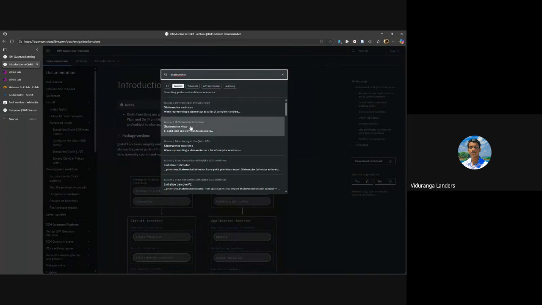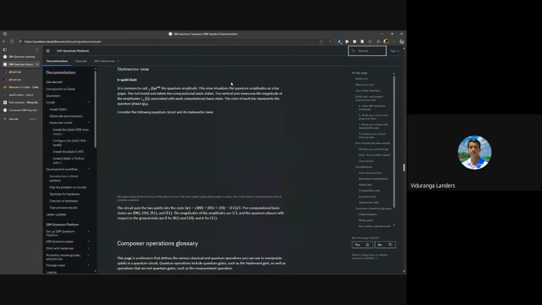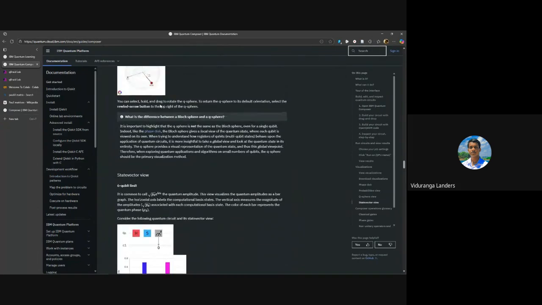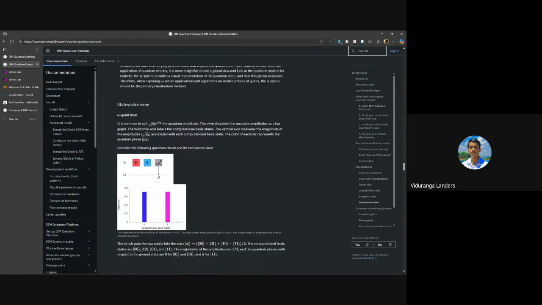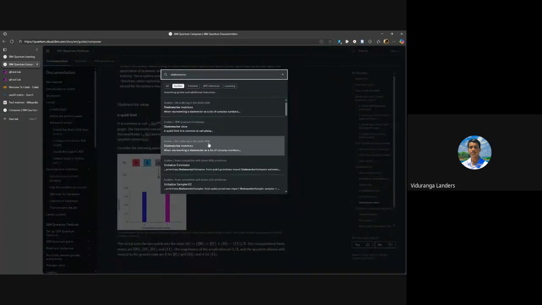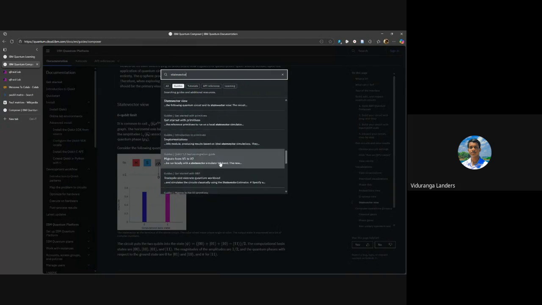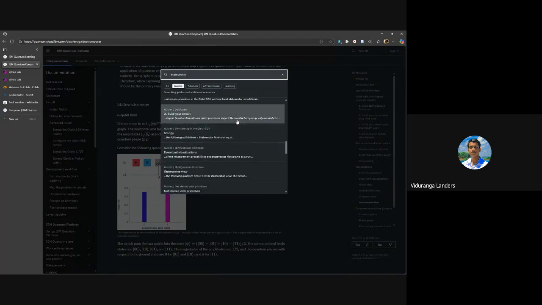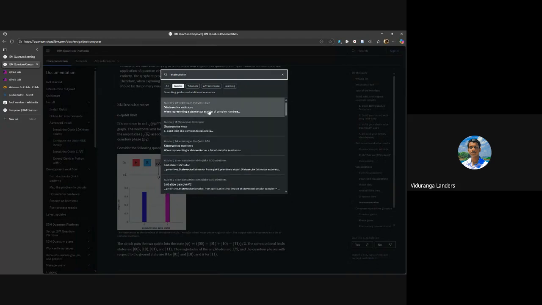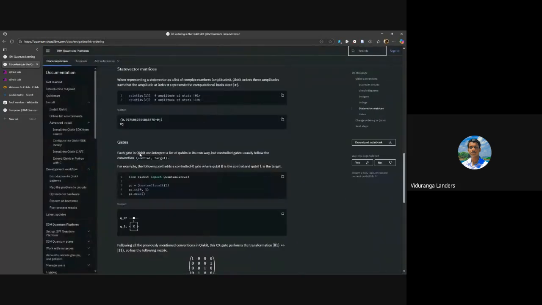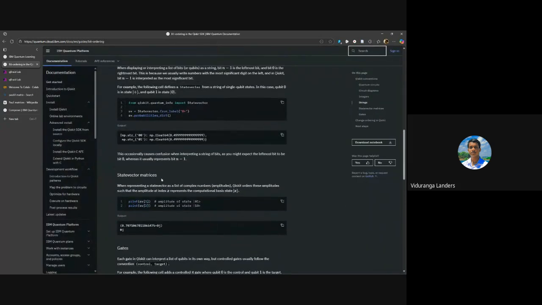This is for the IBM Qiskit Composer. So you can find out what it does, and you can find out pretty much everything about Qiskit's functionalities.